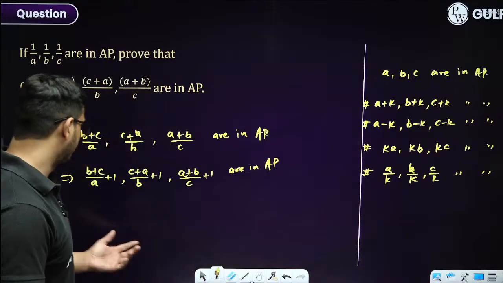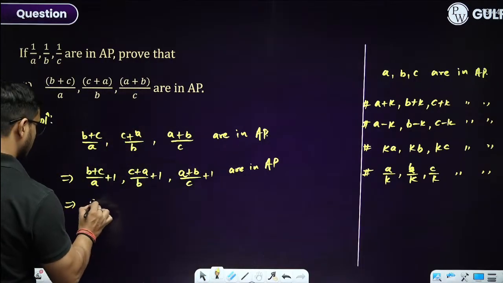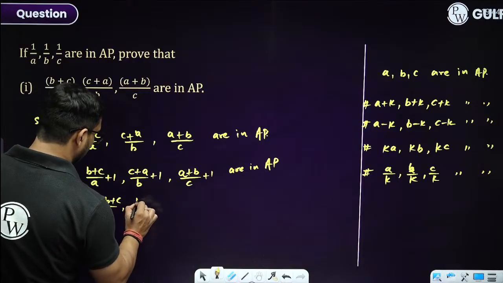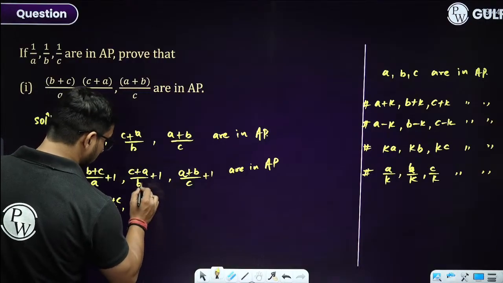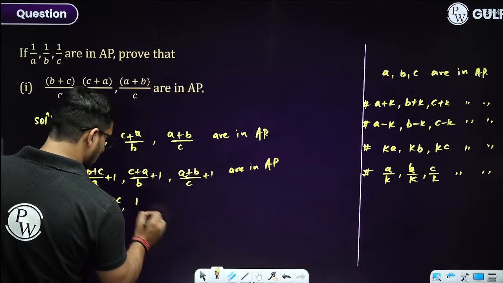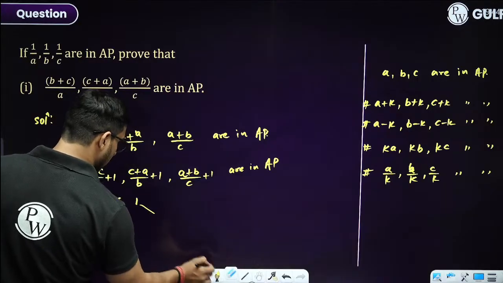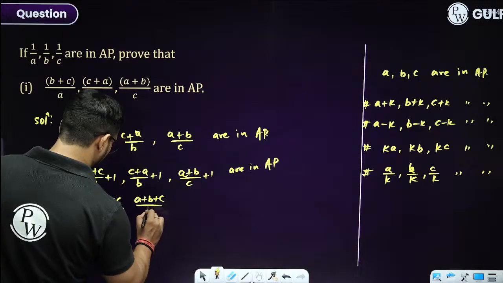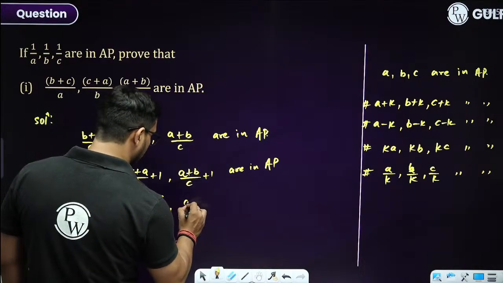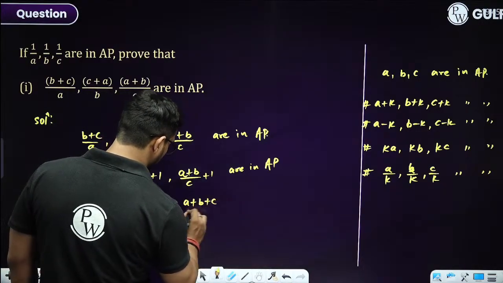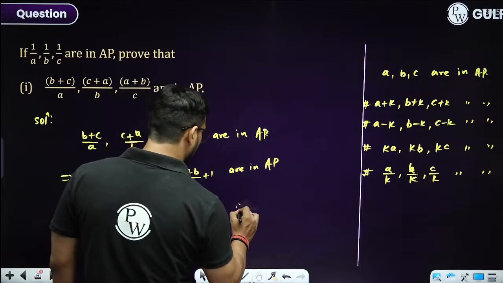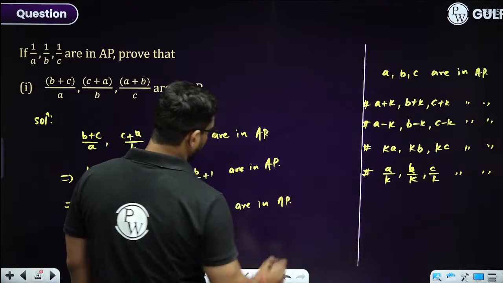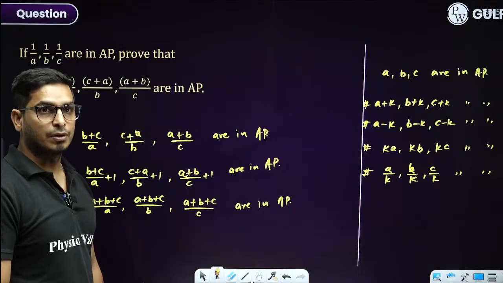So should I just write (A plus B plus C) by A, then (A plus B plus C) by B and (A plus B plus C) by C are in AP?